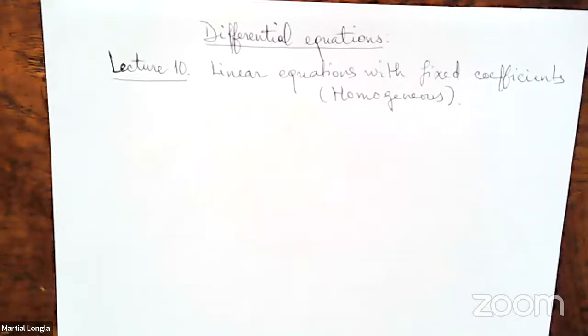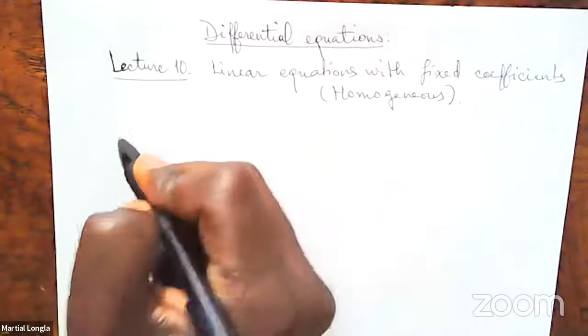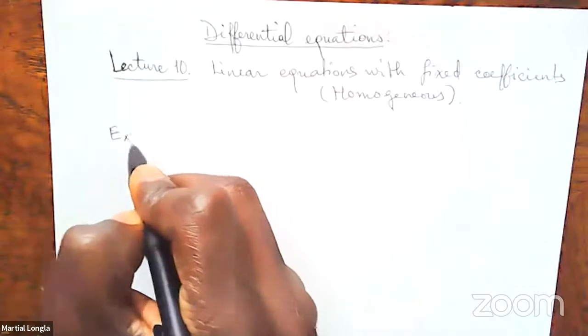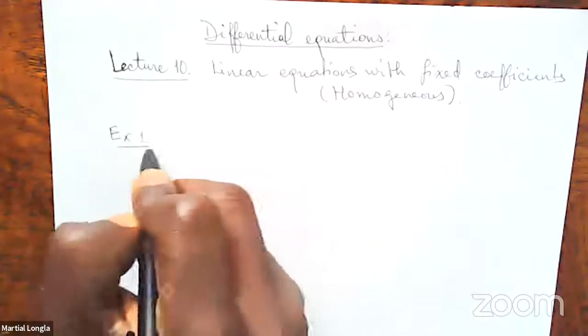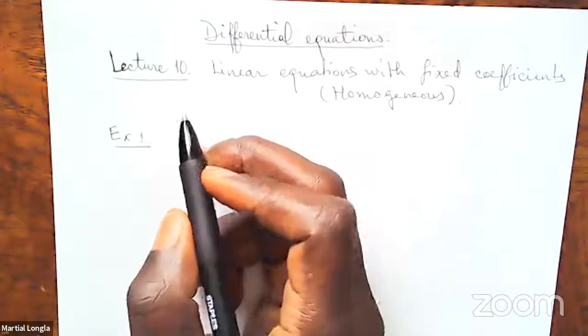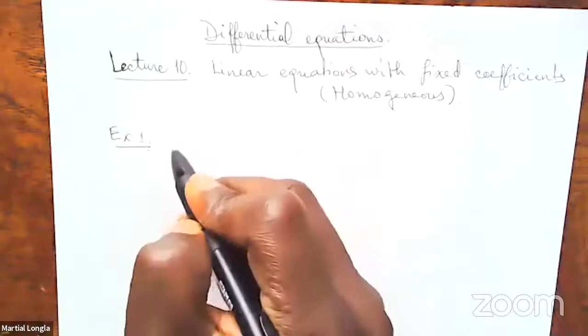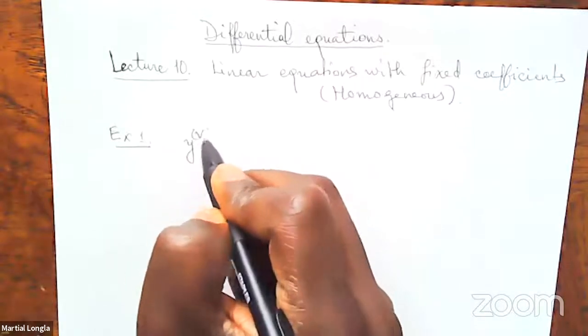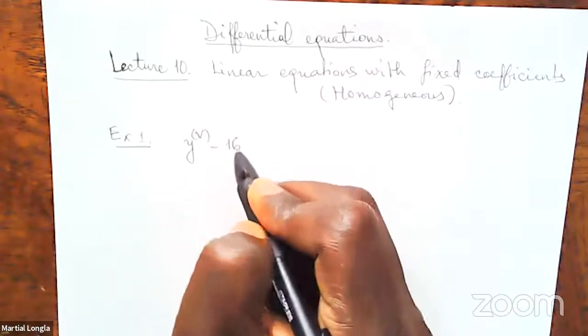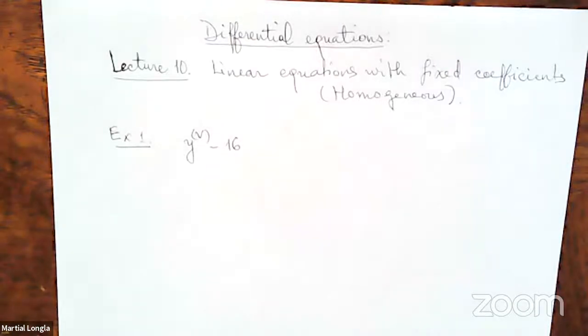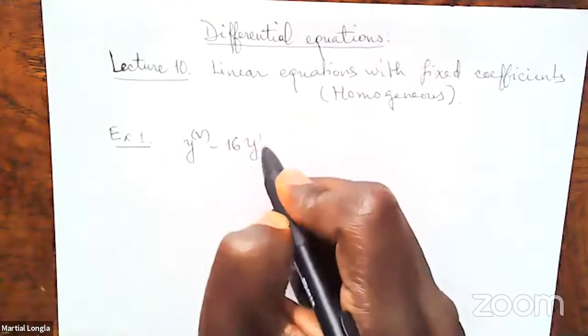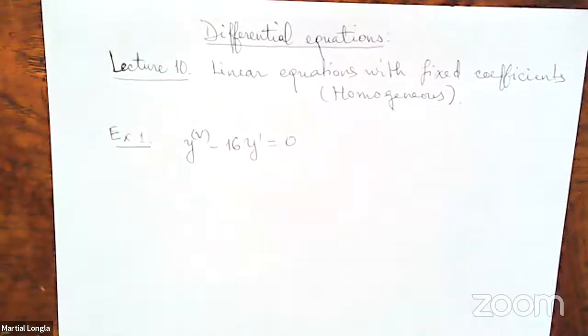Now let's start with this problem. Example 1 for today. Let's say we have this: y to the fifth derivative minus 16 y prime equals 0.